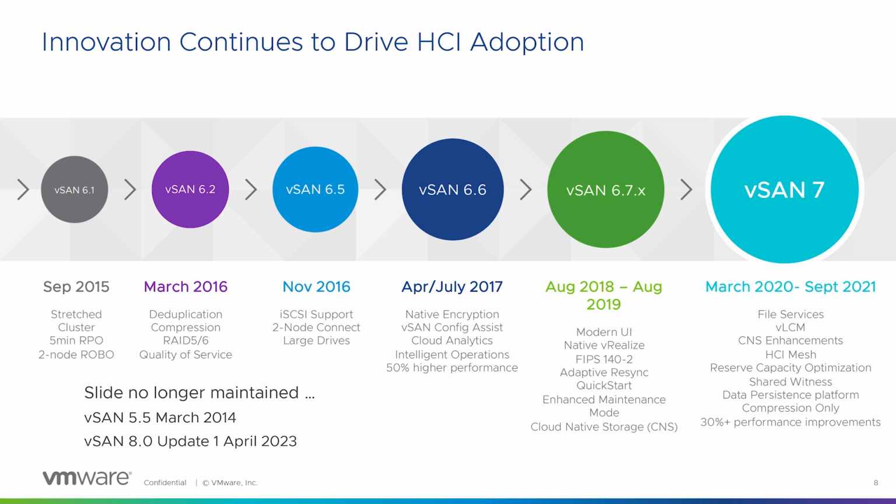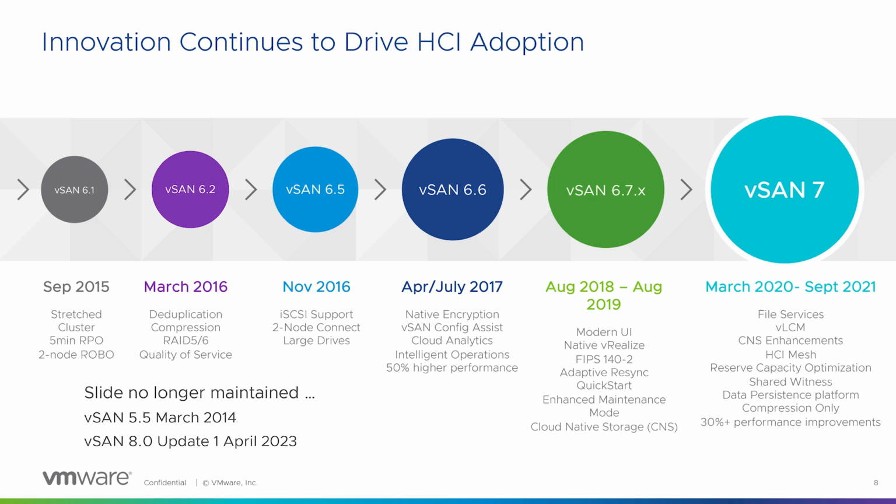Sometimes people think vSAN is new. It's really not new. We've been running it since 2015, maybe even earlier in the early access in 5.5. We don't maintain this slide anymore. The point is to understand that we continually evolve vSAN. We add new capabilities based on feedback from our customers. We add new scalability.